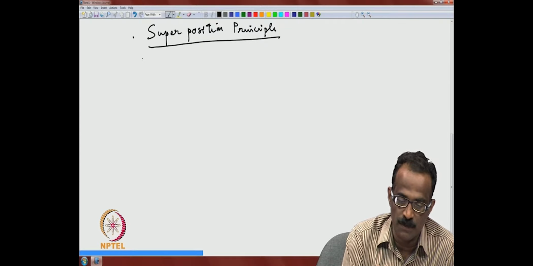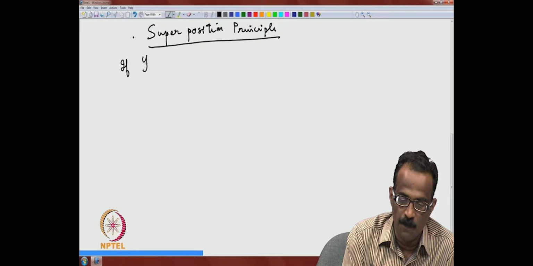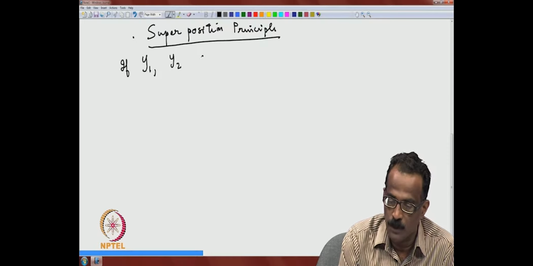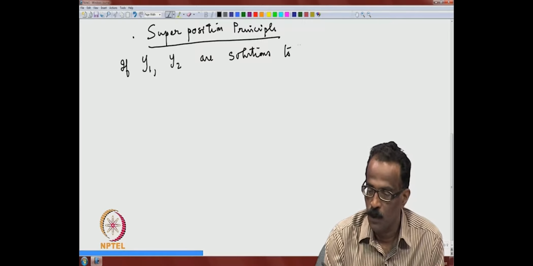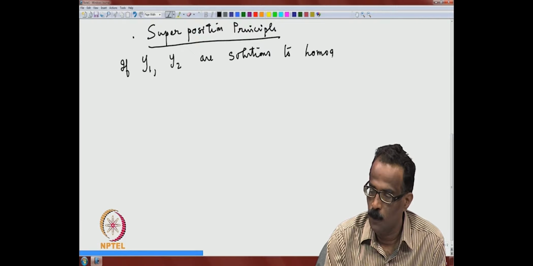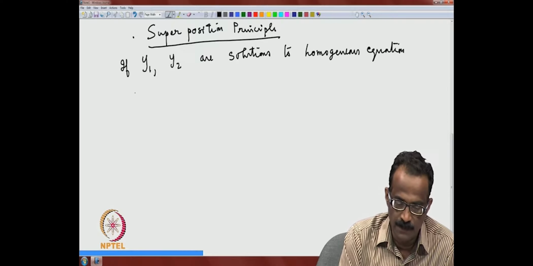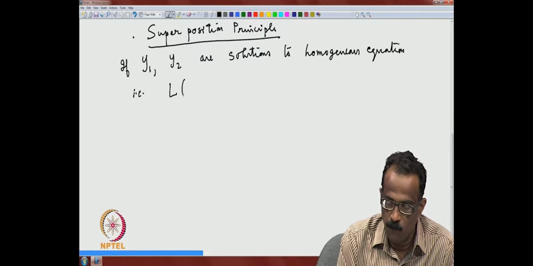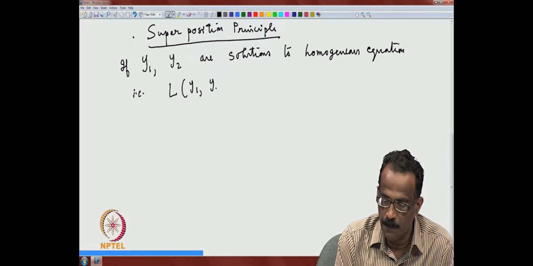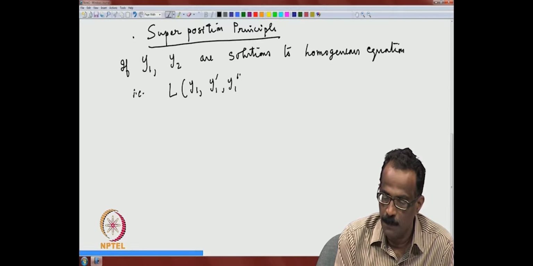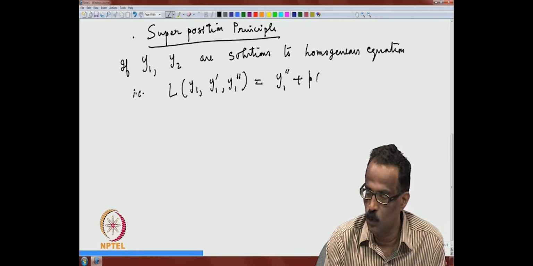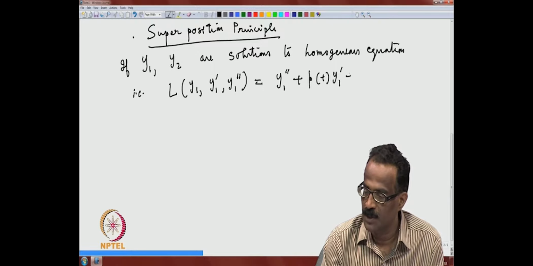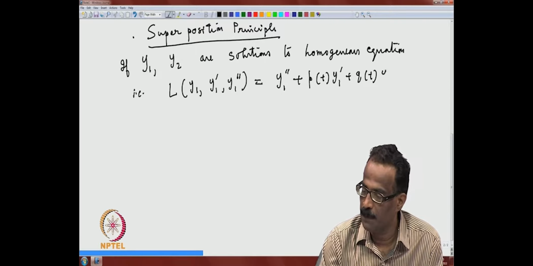If y1 and y2 are solutions to the homogeneous equation, that is, y1 double prime plus p of t into y1 prime plus q of t y1 equal to 0.